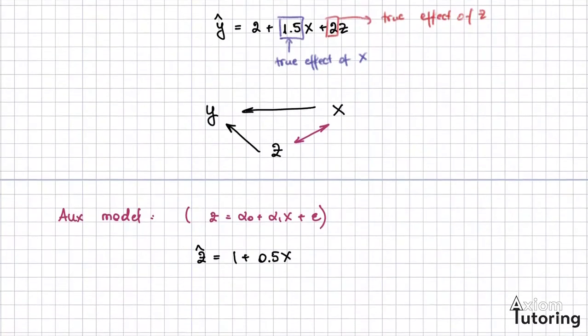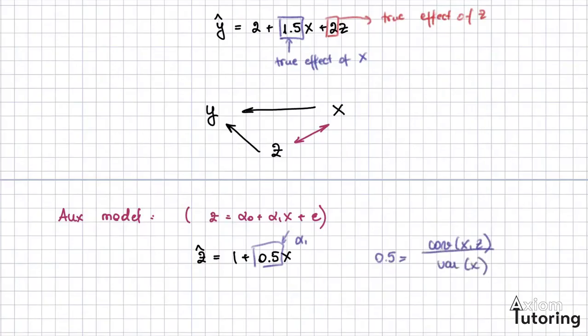This positive 0.5 is saying that ability, since x was education, is positively correlated with education. So for every additional unit of education, ability tends to be 0.5 units higher, whatever the units we're using. Also, keep in mind, this 0.5 is alpha 1, and it is literally the covariance of x and z divided by the variance of x.